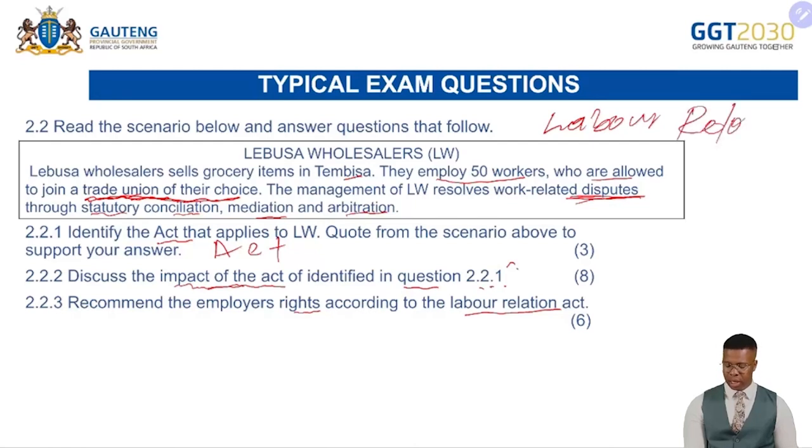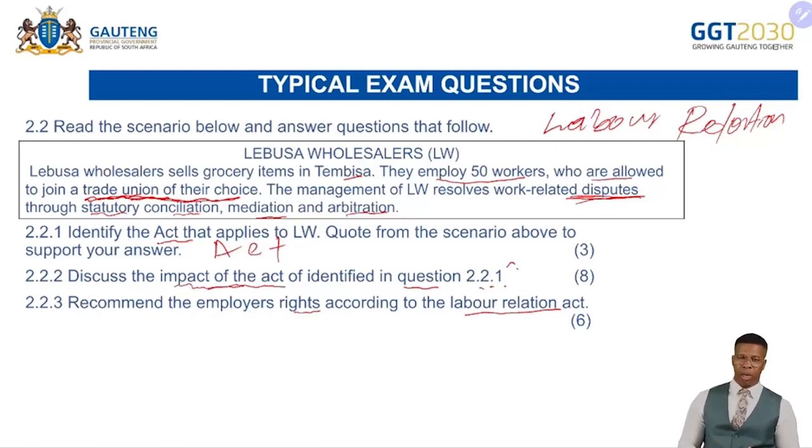So what is key is to know the keywords for each and every act so that you're able to identify from the scenario. When you're talking about skills development, whenever you see upgrading skills, improving knowledge, because the assessor can use different phrases, but if they have to do with improving the skills, you should know that we are talking about skills development.